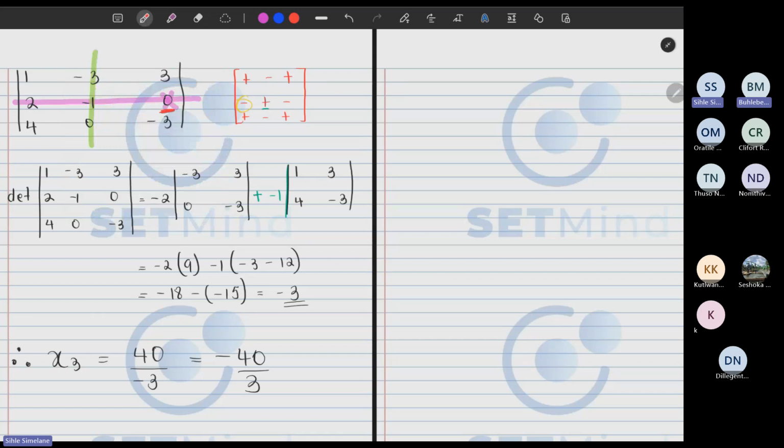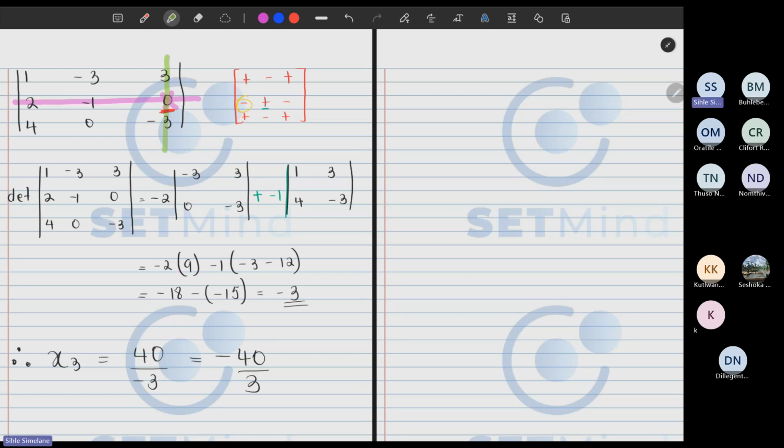The reason I choose a row with many zeros is that where there's a 0, I don't need to perform the operation where I cross out, because when I cross here, I will have a 0 multiplying everything in that determinant. So that's why I choose the row or column which has many zeros, because my job becomes easy. Okay. Do you understand? Yes.